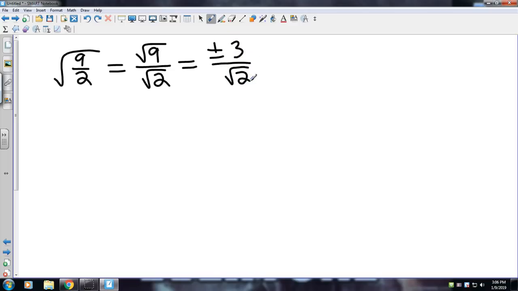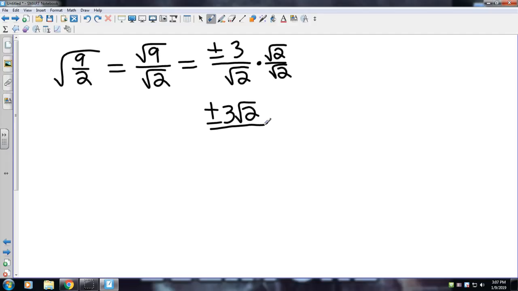Now, there's a rule in fractions that I cannot have a radical as a denominator. So to get rid of that, we're actually just going to multiply top and bottom by the denominator. And so on the top now I have plus or minus 3 radical 2. And on the bottom I have radical 2 times radical 2, which is radical 4.